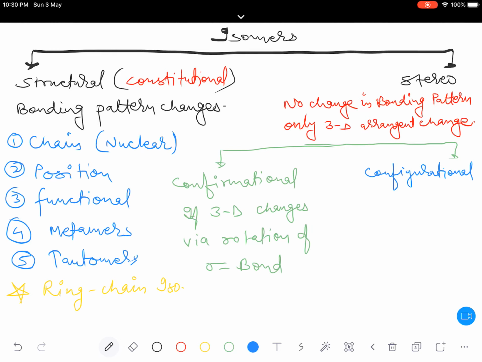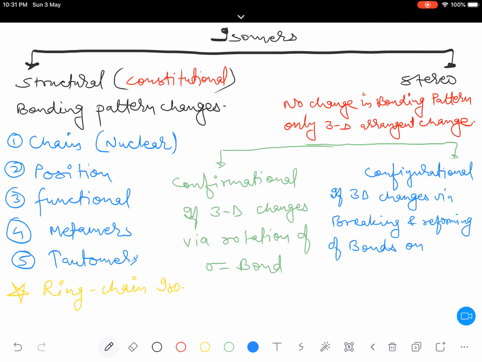So here we can say, if three-dimensional arrangement changes via breaking and reforming of bonds on the same atoms, either it can be a pi bond which will break and reform, then only this 3D can change.